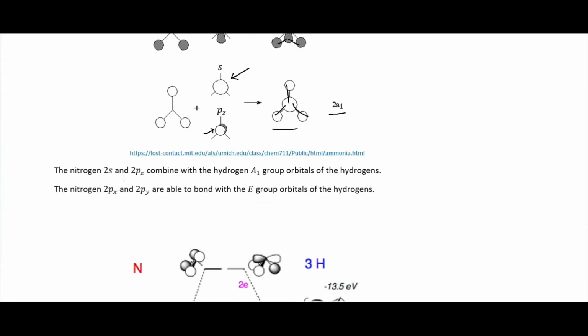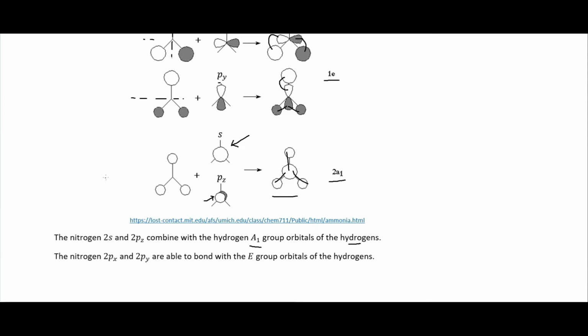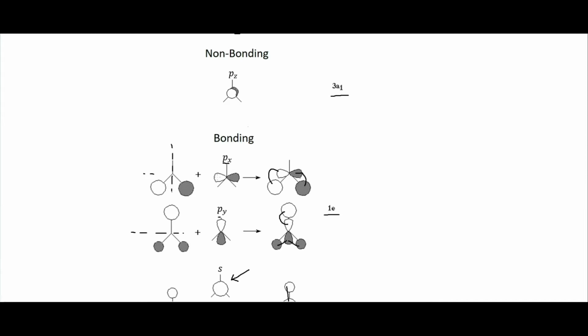So the nitrogen 2s and 2pz combine with the hydrogen A1 group orbitals of the hydrogens, which is what we see going on right here. So this right here are the hydrogen 2s and the 2pz orbitals, and then the nitrogen 2px and 2py are these ones up here.